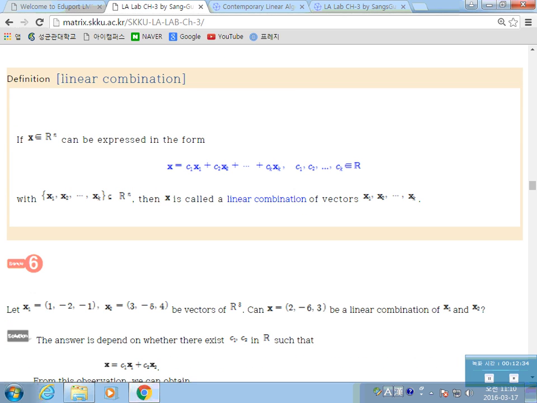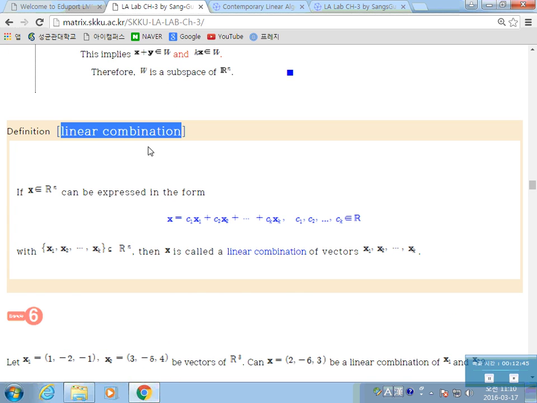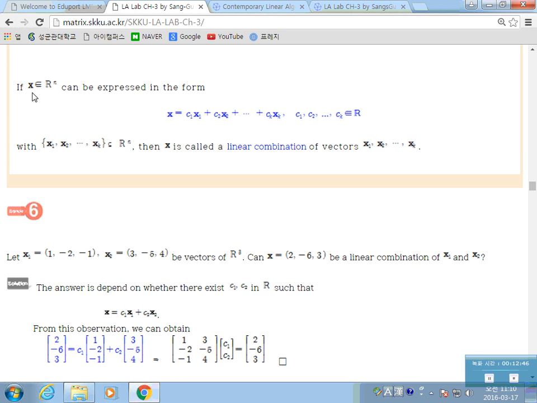Next, linear combination. In chapter 1, I already introduced the concept of linear combination in R3. Now we expand it to Rn. Let the x_i's be vectors in Rn.